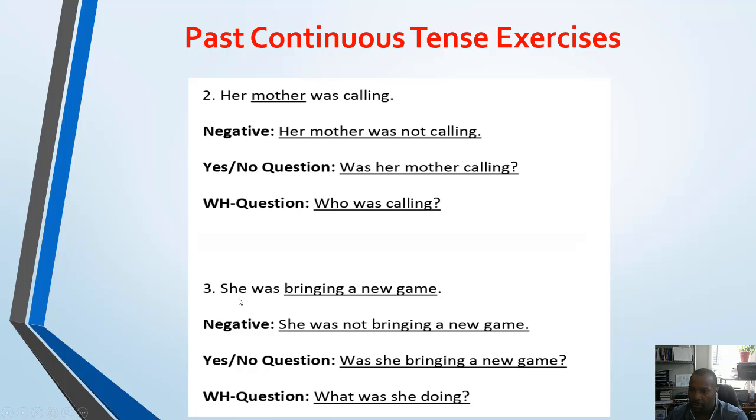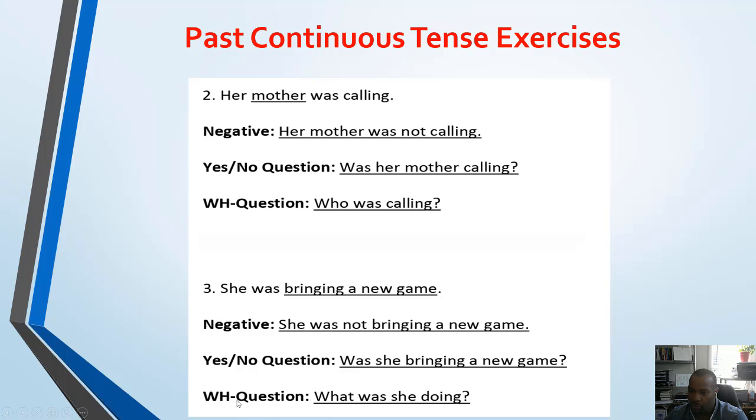Number 3, she was bringing a new game. So the negative is she was not bringing a new game. The yes or no question is, was she bringing a new game? And then the WH question is, what was she doing?